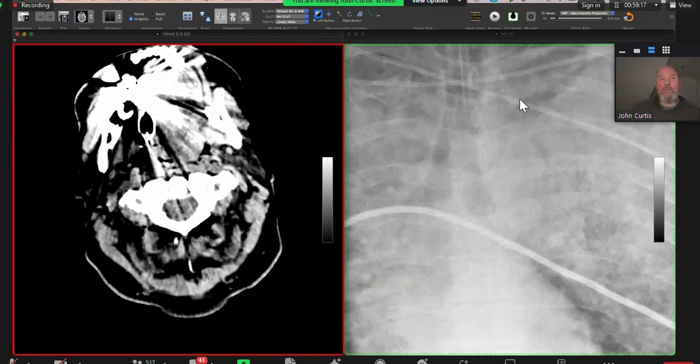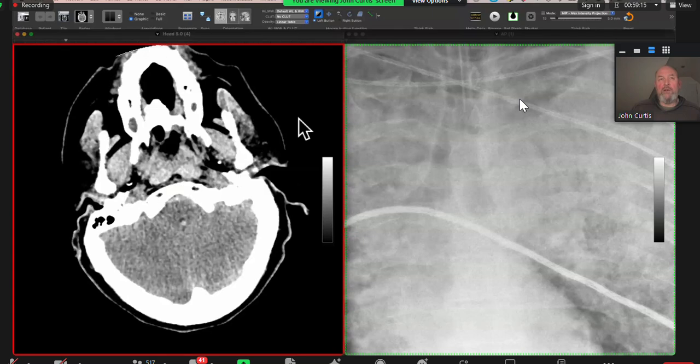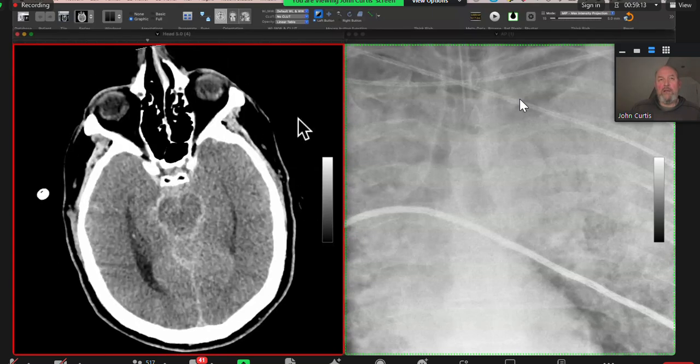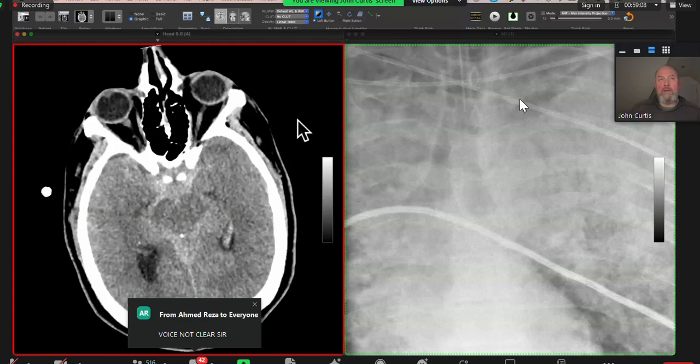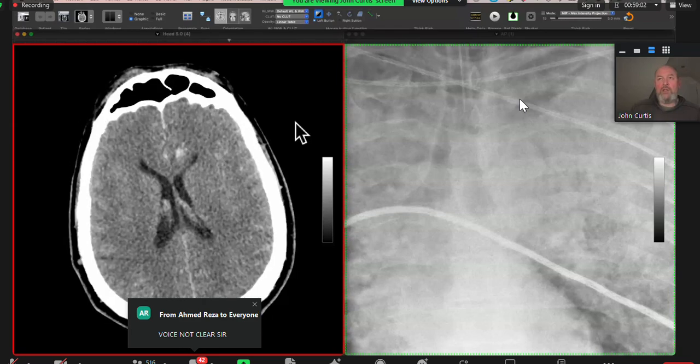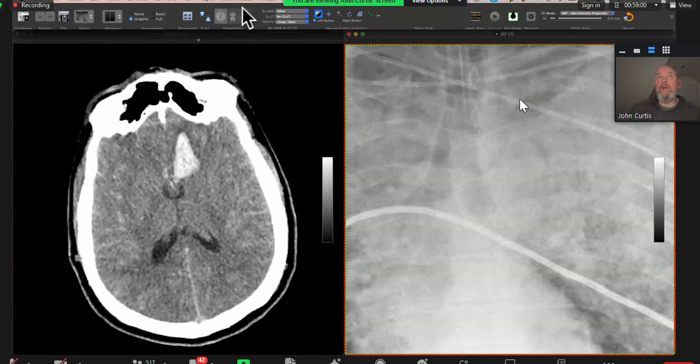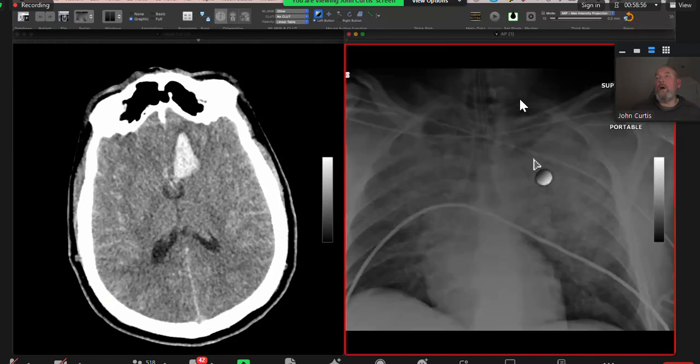And in this patient, what's the cause? It's because of a bleed, a subarachnoid bleed. The patient then goes on to have a chest X-ray showing pulmonary edema, non-cardiogenic or neurogenic pulmonary edema.